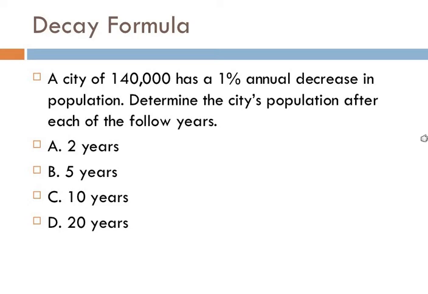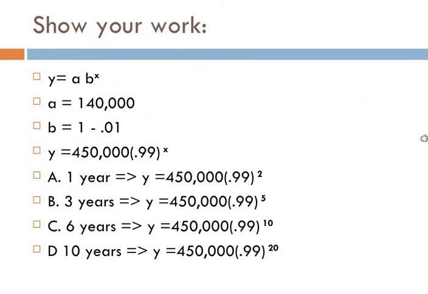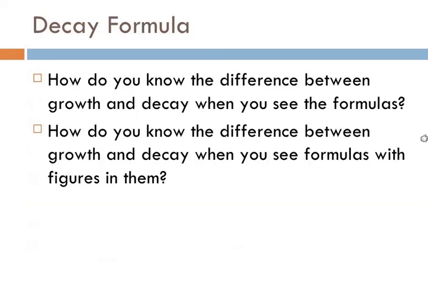We write it in the formula y equals a times b to the power x, while b is 1 minus 1%, but we have to change 1% into decimal, so it will be 1 over 100, which is 0.01. Then you subtract 1 minus 0.01, and it will be 0.99. So the function is y equals 140,000 times 0.99 to the power x. Then you substitute the number of years and find them out.